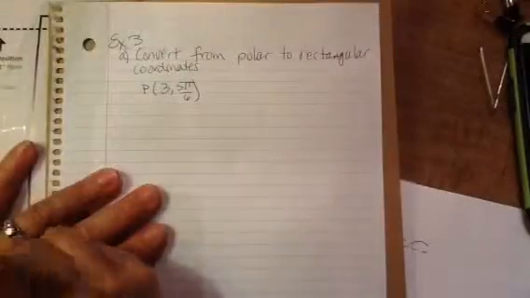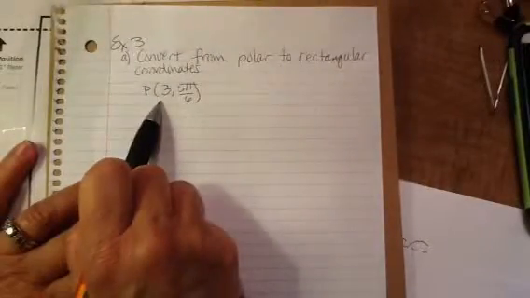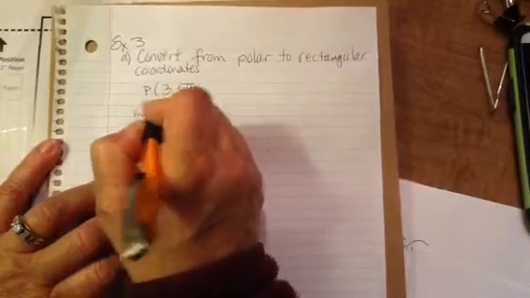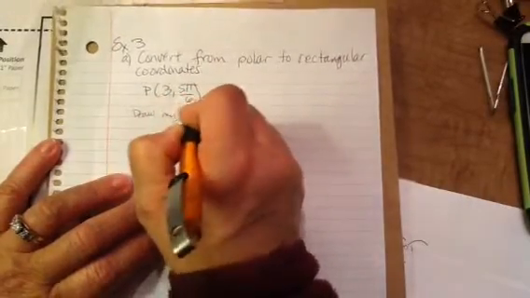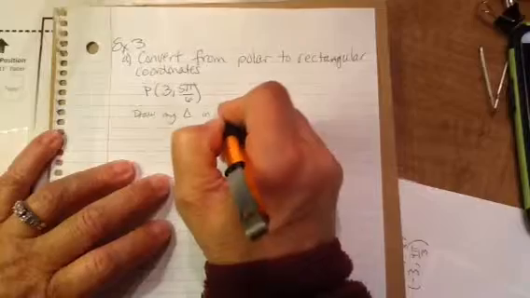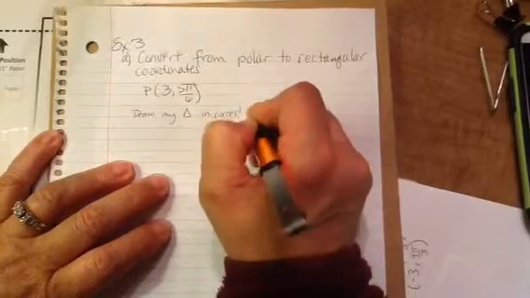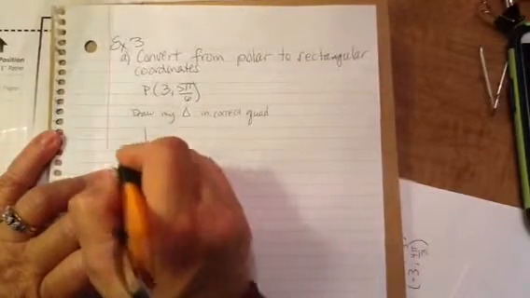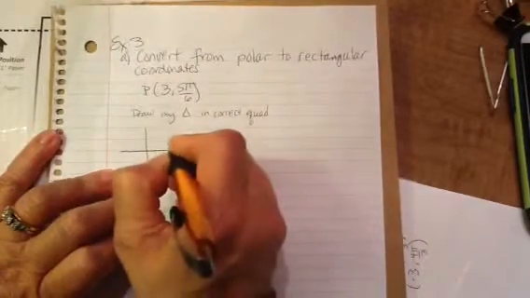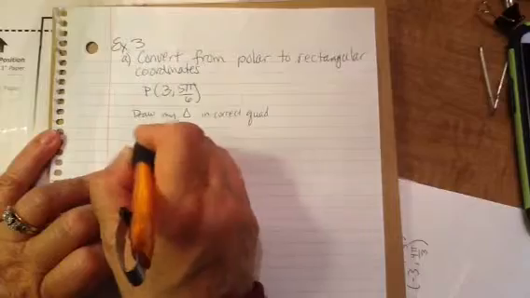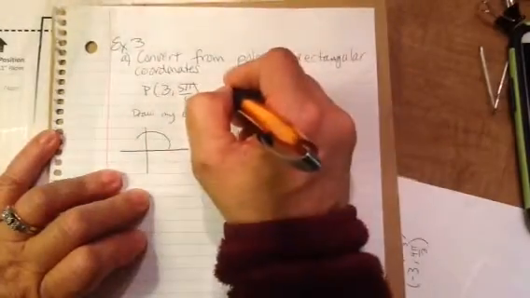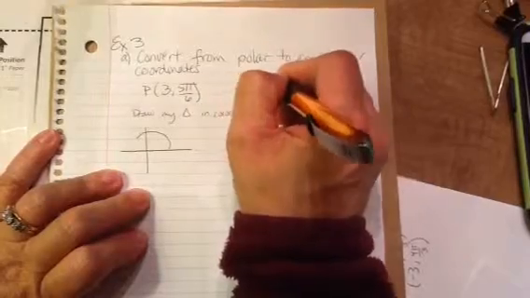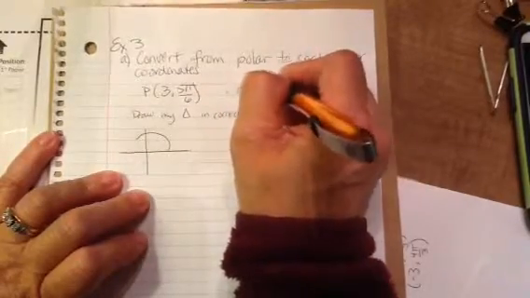Okay, in example 3, we need to convert from polar to rectangular. First thing I'm going to do is draw my triangle in the correct quadrant. So I take my picture, or my coordinates. I go 5 pi over 6. Now if you don't like radians, that's the same thing as saying 3 and 150 degrees.